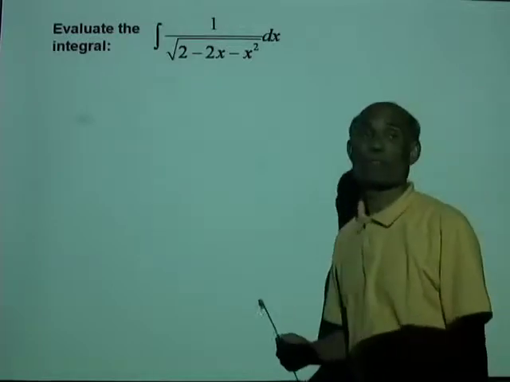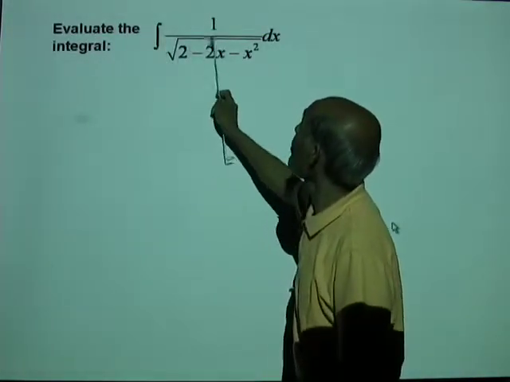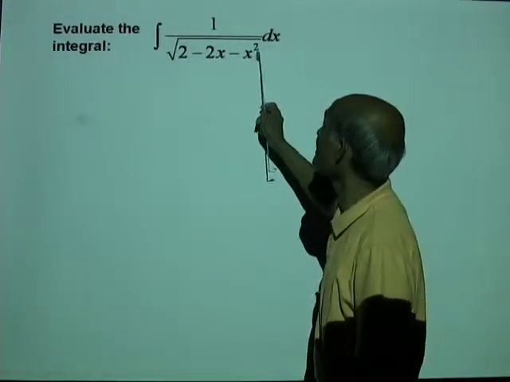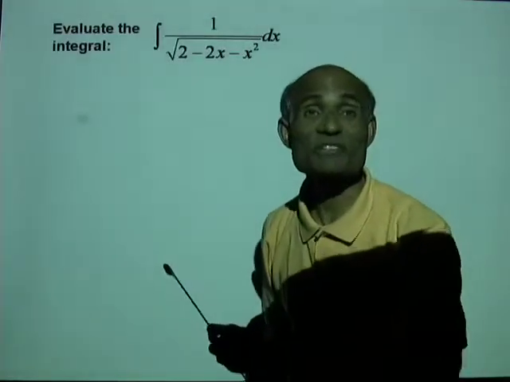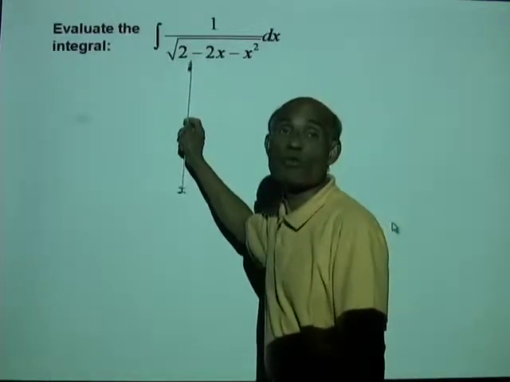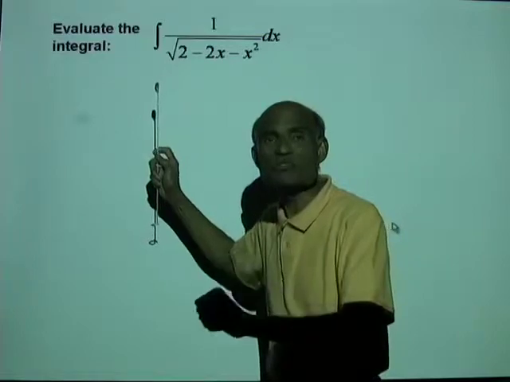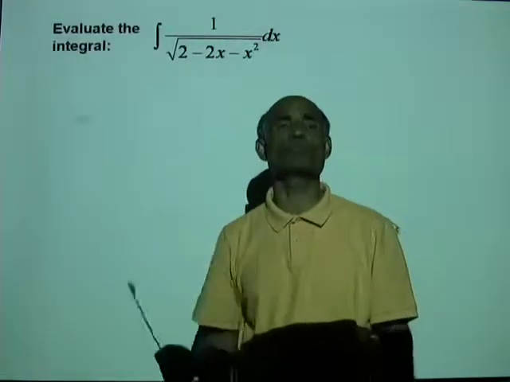Another one, evaluate the integral. Integral 1 over square root of 2 minus 2x minus x squared dx. Now, this is an excellent candidate to make it of the form square root a squared minus u squared or u squared minus a squared, one of those forms.